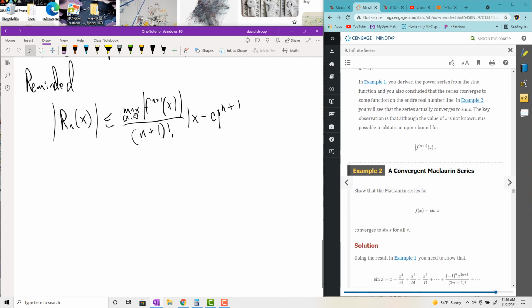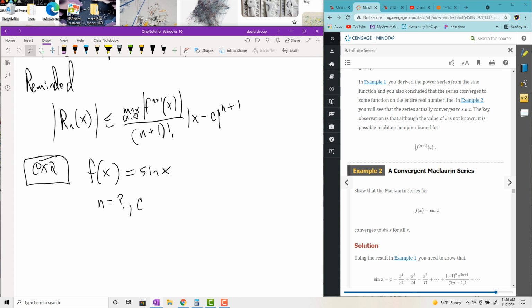Okay, so let's look at example 2, and basically we're trying to show that sine of x is equal to its Maclaurin series. So we're working with f of x equals sine of x. Consider then what we need. Well, n we don't know in this thing.